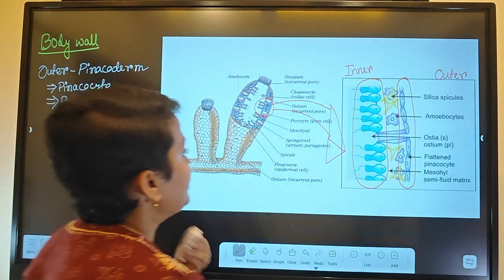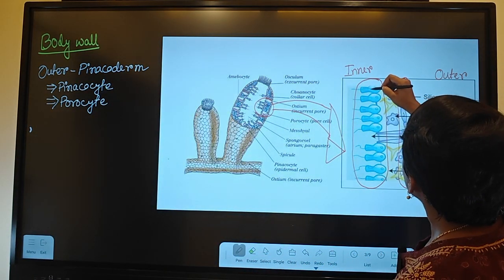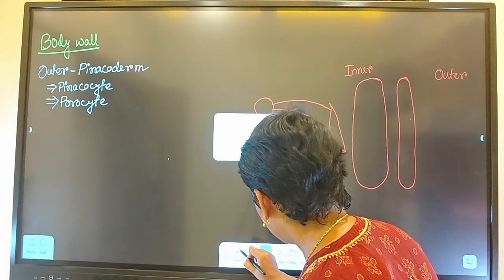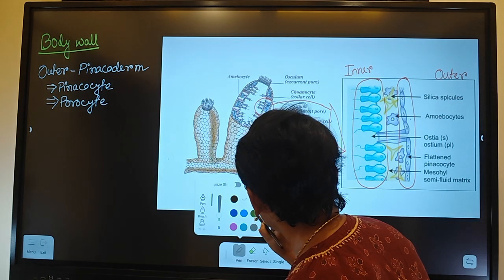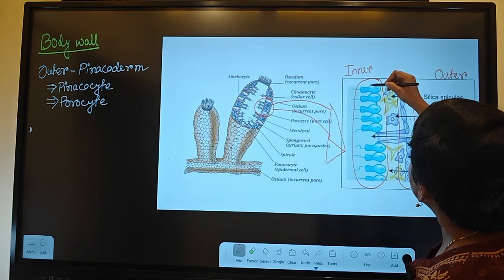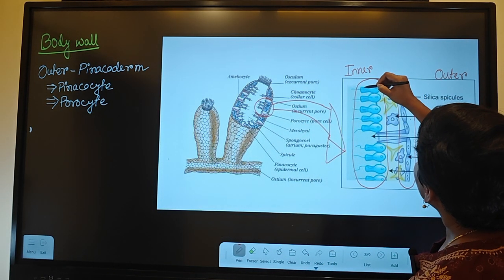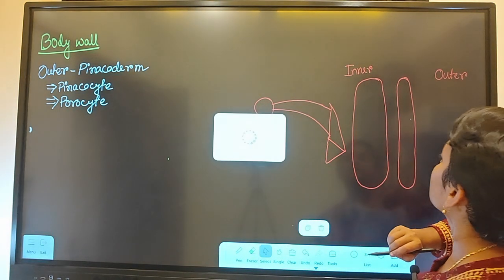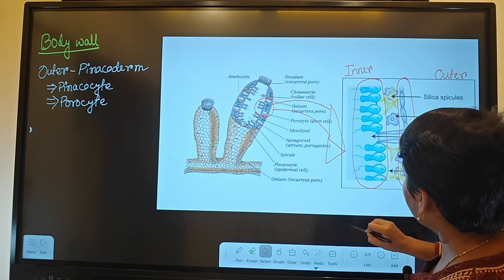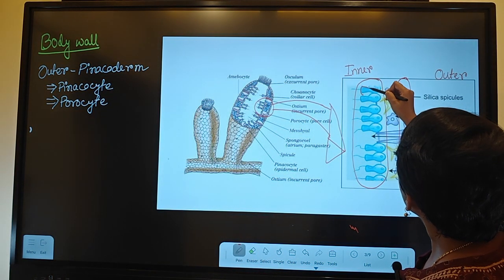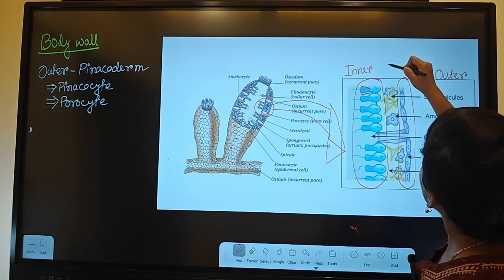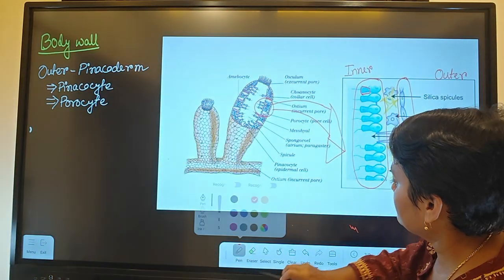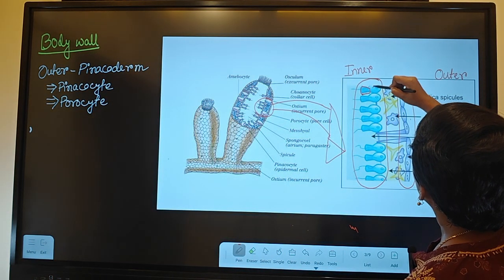Now the inner layer, you can see here, there will be some cells which will have flagella, and there will be a collar shaped structure. That's why this kind of cells are called collar cells.